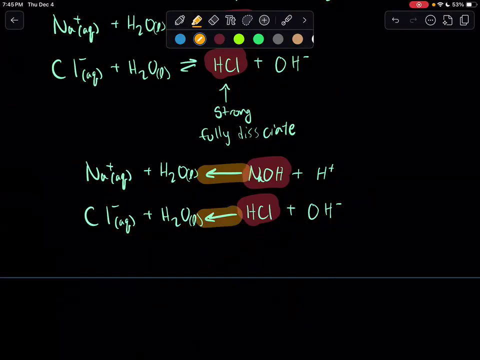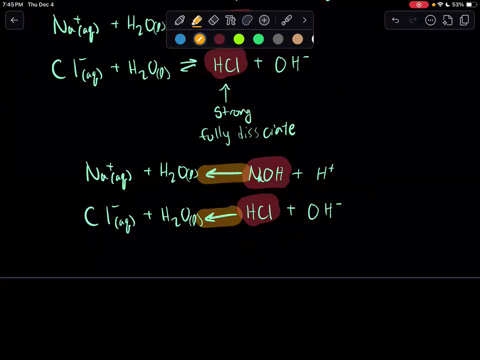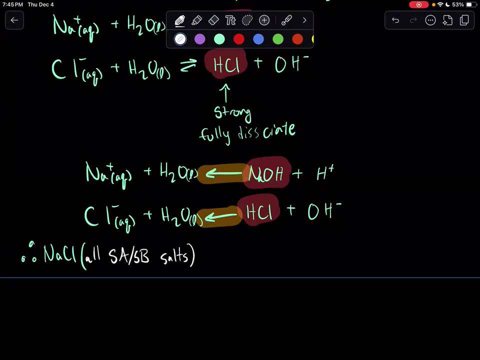So this truly shows us that both the sodium and chloride ions are going to be part of a neutral solution because they will not split the water to produce either the hydrogen ions or the hydroxide ions. So we can say, therefore, NaCl, and by this measure, all strong acid, strong base salts, so all of them are neutral.